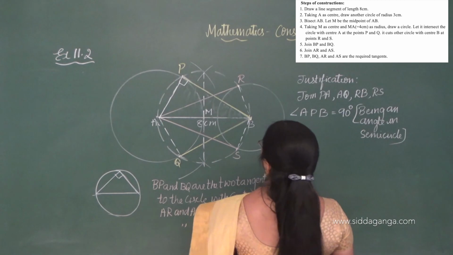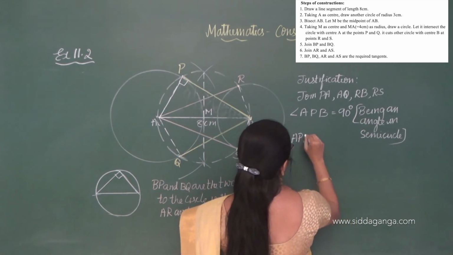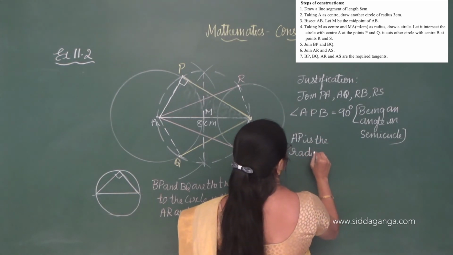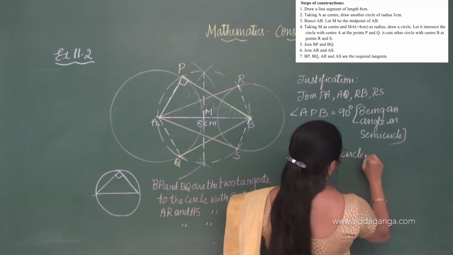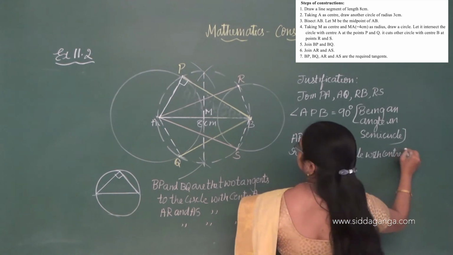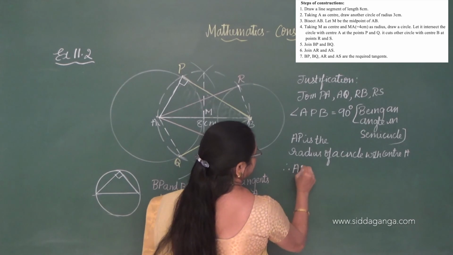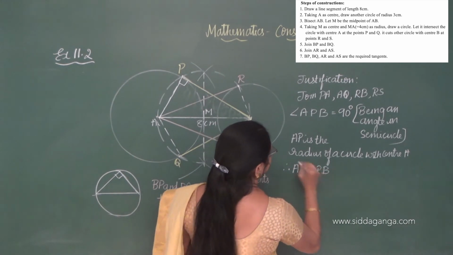Definitely AP is the radius, correct? AP is the radius of a circle with center A. Therefore, AP is perpendicular to PB. Yes or no?